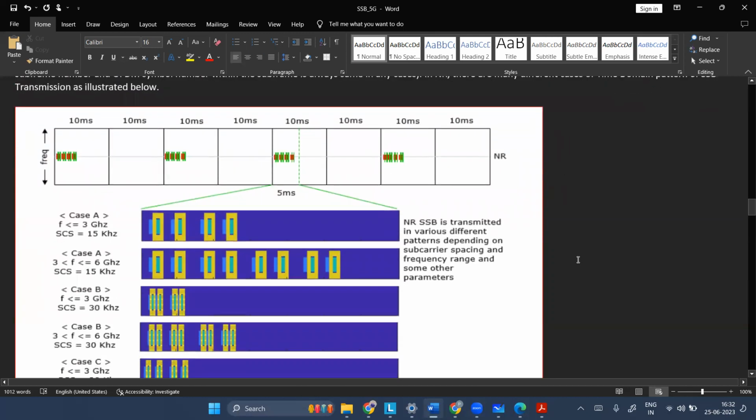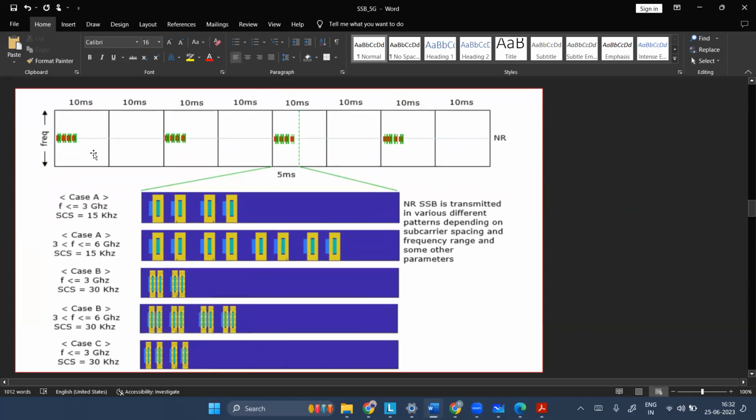As per the subcarrier spacing, we have different numbers of SSBs, in FR1 and FR2, as I told you earlier. In this typical diagram, the periodicity is again the same, 20 millisecond. I'm just talking about the number of SSBs that we can transmit.